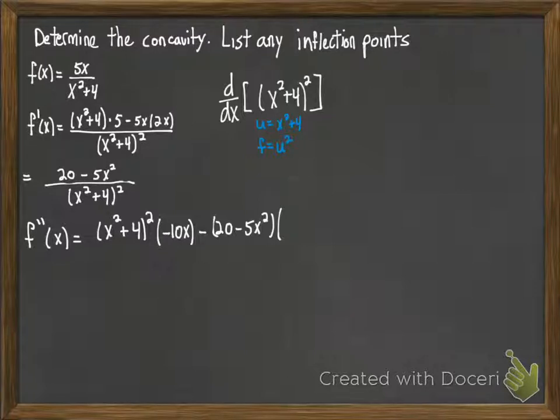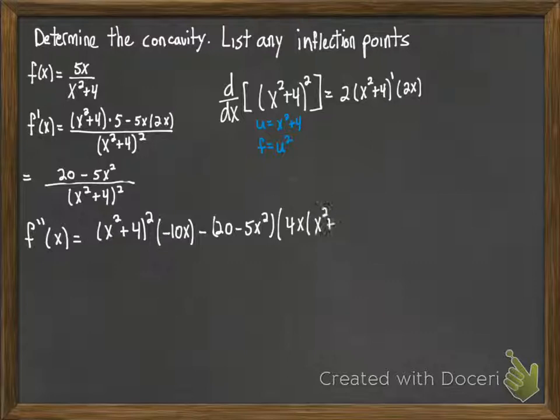F would be the outside function, u squared. Then that would be 2 times u, by the chain rule. But u is just x squared plus 4. So it would be 2 times x squared plus 4 to the first, times the derivative of u, which would be 2x. So we can take that expression, simplify it, and put that into our problem.